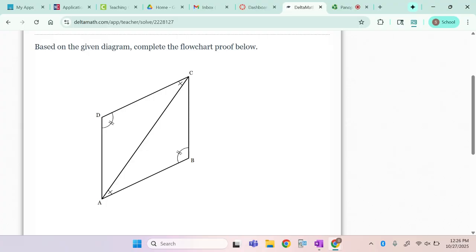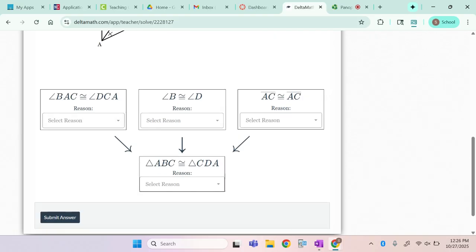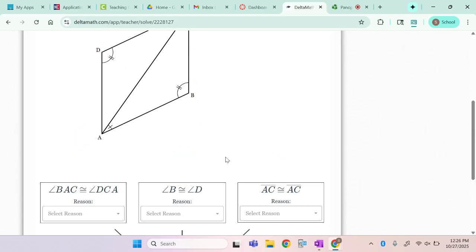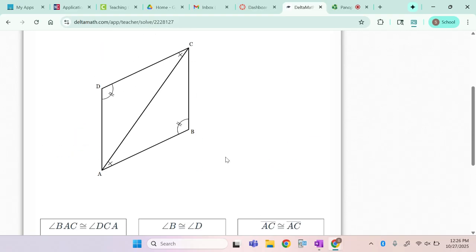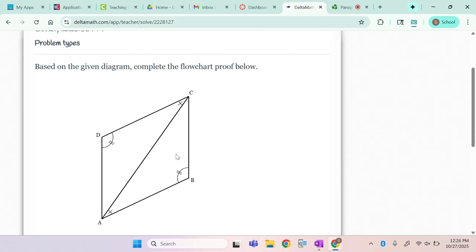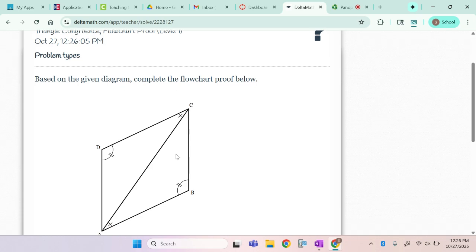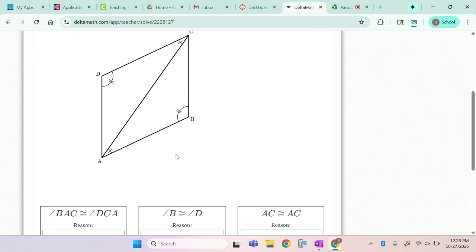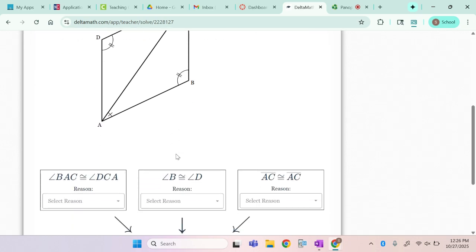All right. So what we're going to be doing is they already gave us all of the statements. And then we just got to put in the reasons. So the great thing is that anything that's already marked in Delta Math, so if they already marked something for us, our reason is given. All right.